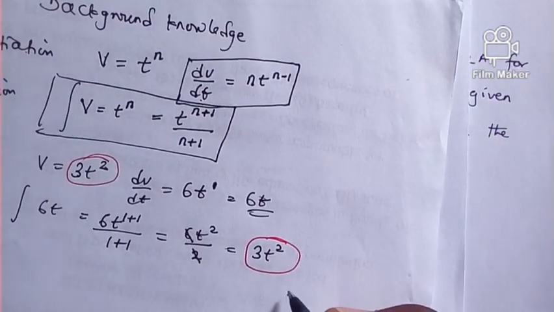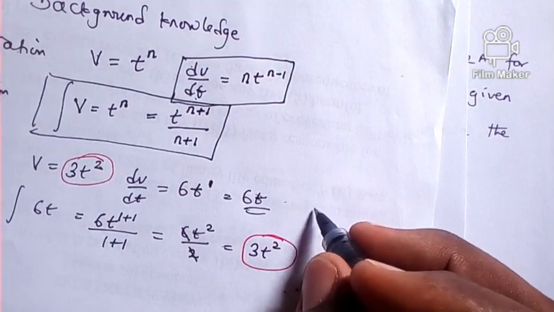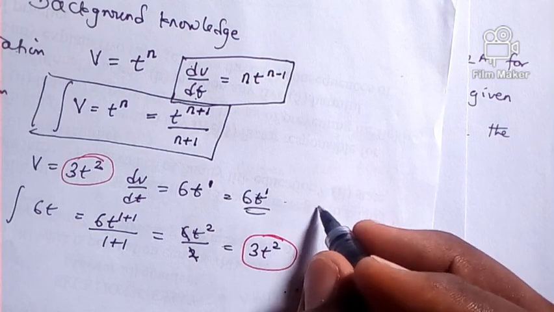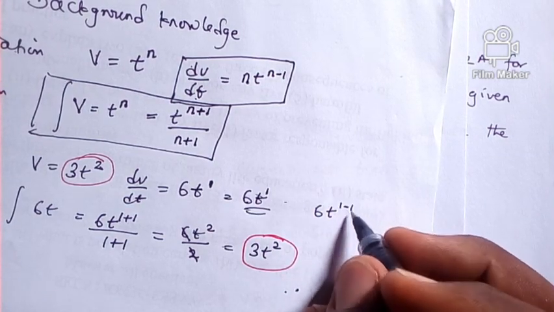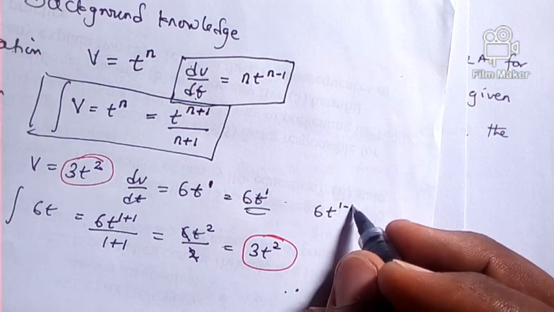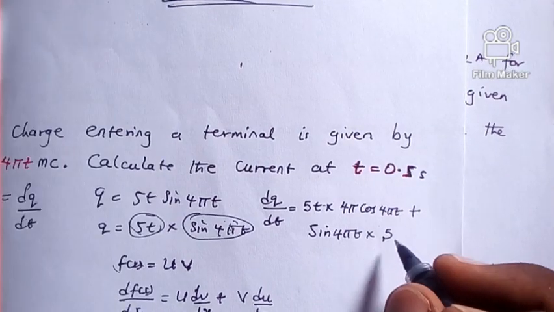The reason is, if I differentiate 6t, the power of t is 1, so 1 times 6 gives 6 times t raised to the power of 1 minus 1, which is 0. T to the power of 0 is 1, so we are just left with 6. That's how we got 5.